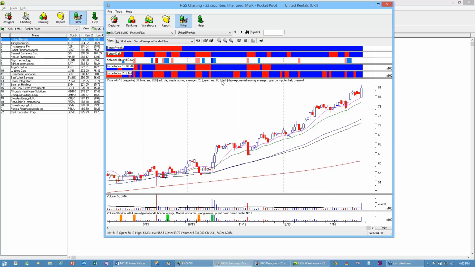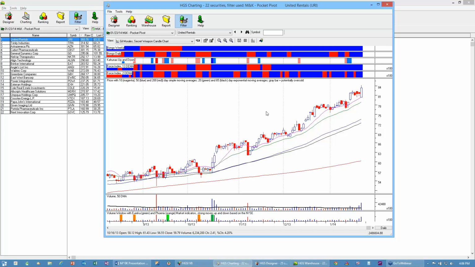The 20 and 65 are exponential. The others are simple moving averages. But they're color-coded in here, and you can tell what they are. He uses them for support and to get a general feel for how a security is performing relative to multiple moving averages. And that's really all I'm going to say about that.